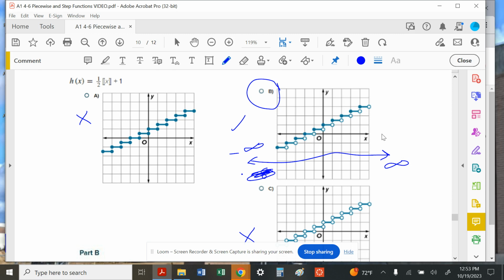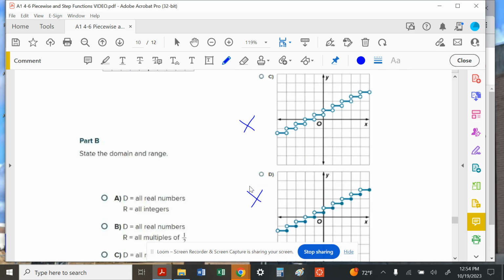But at least as we're progressing along the x, we're continuous. There's no break. Now the y has a break. Notice in this case, we have a break between this value and this value, and it keeps breaking every 1/2 point. So that means in multiples of 1/2, we don't have that particular value.